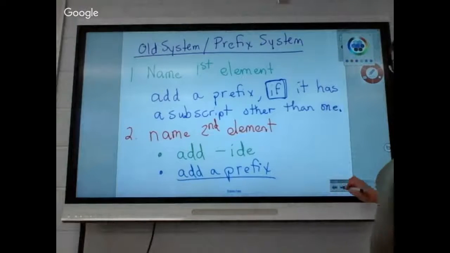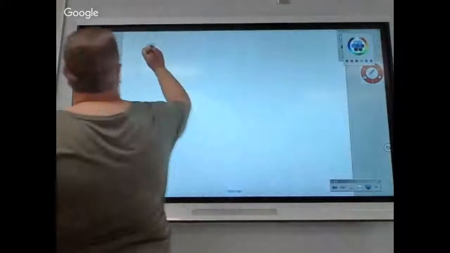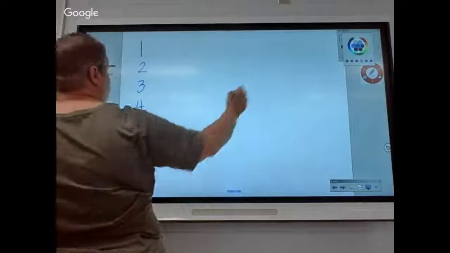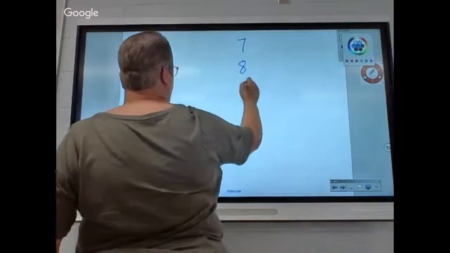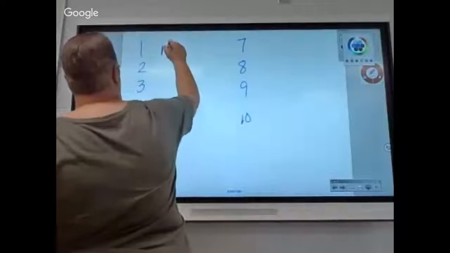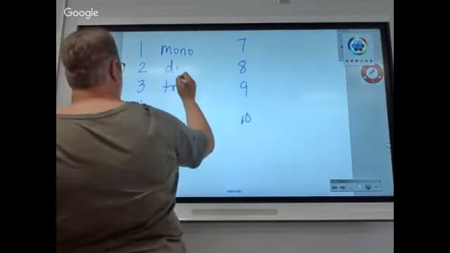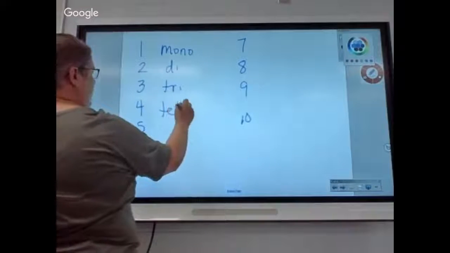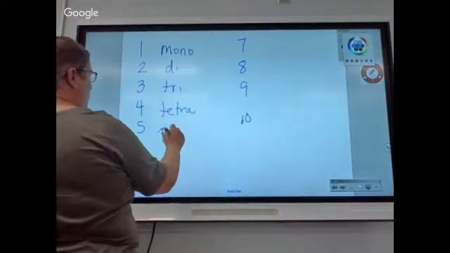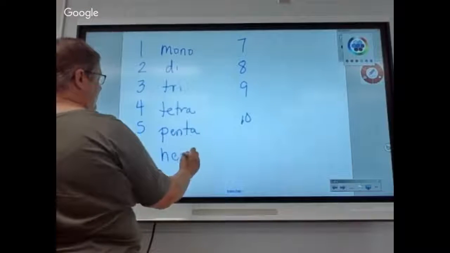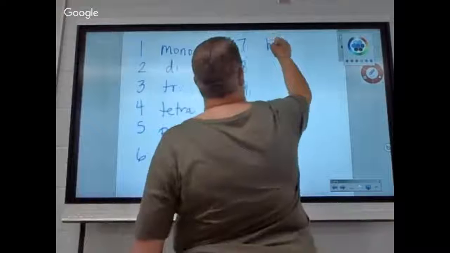All right, everybody caught up? Now, most of these y'all know. 1 is mono, 2 is di, tri is 3, 4 is tetra. That one you might not know. 5 is penta. Remember the tetrahedron? 6 is hexa. 7 is hepta.